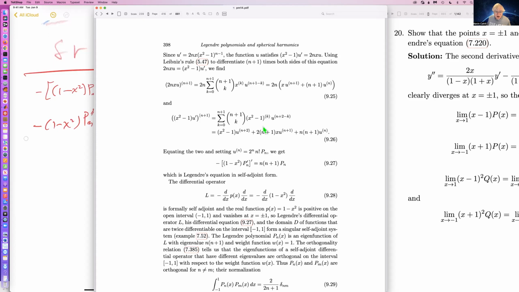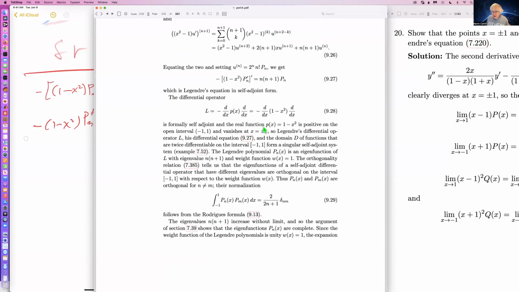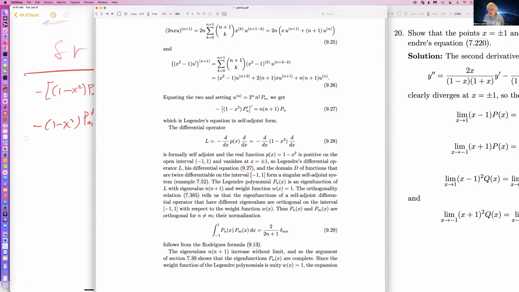I hope I have not made a mistake there. And so now if we divide through by minus (1 minus x squared), we get P_n double prime is equal to minus 2x over (1 minus x squared) P_n prime.